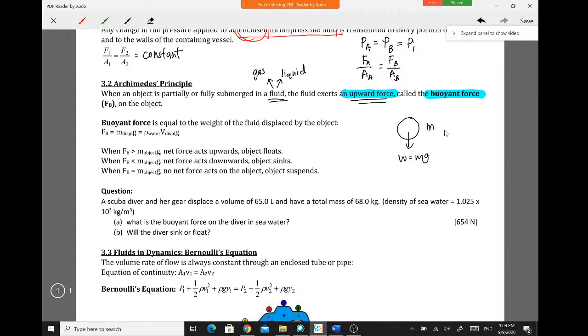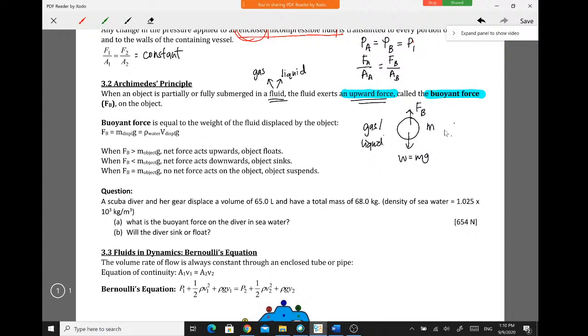Okay, so a new force that has been added in here is whenever the object is existing in a fluid, fluids either gas or what else, liquid, there will be an upward force, which is the buoyant force. That's all. Okay, so whenever you solve the question, just remember the first step that you have to do is to draw the free body diagram, and it will be easier for you to solve.